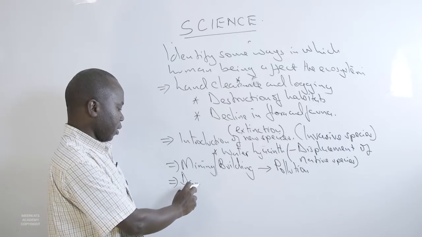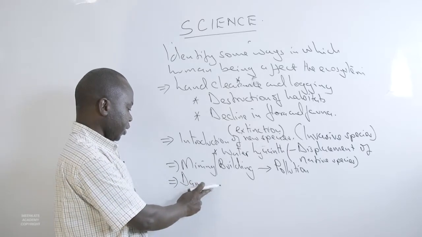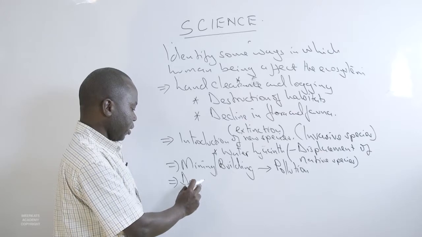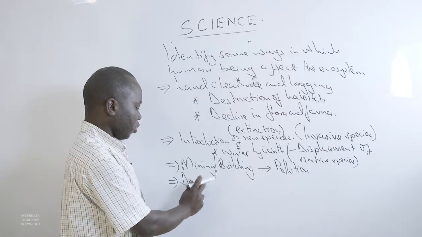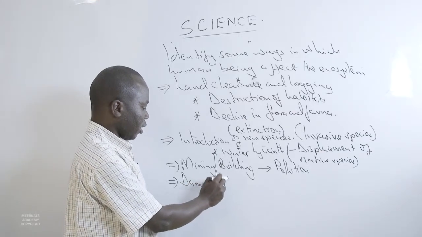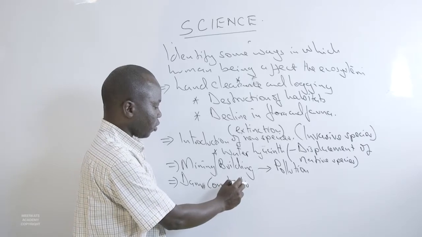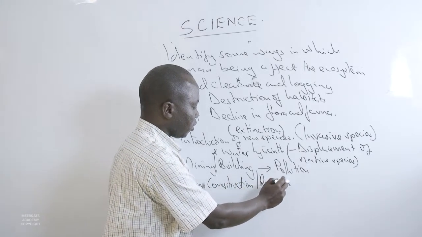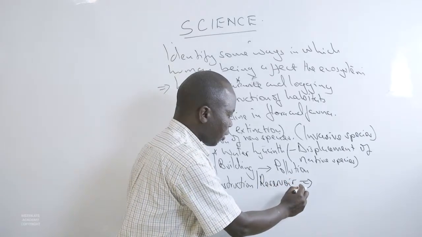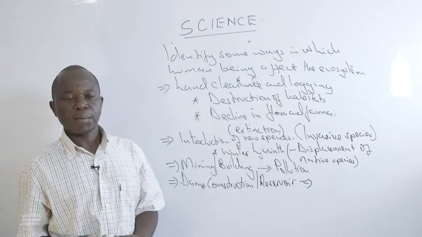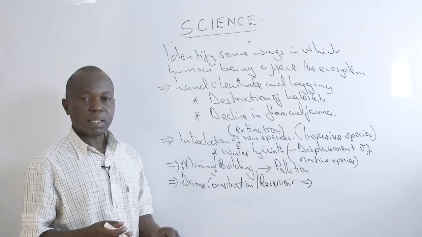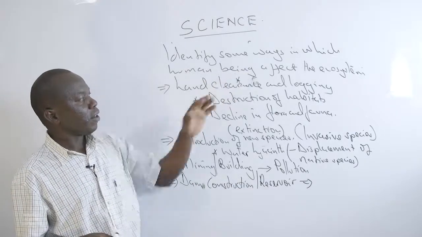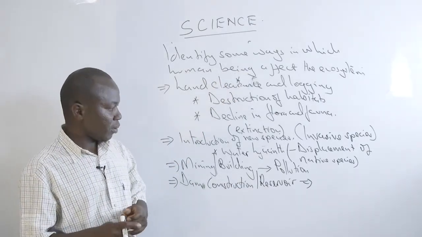Damming. Dam construction is also another activity, and reservoir constructions. For good purpose, for storage of water, it is very good, but at the same time, it will have an effect on the ecosystem.